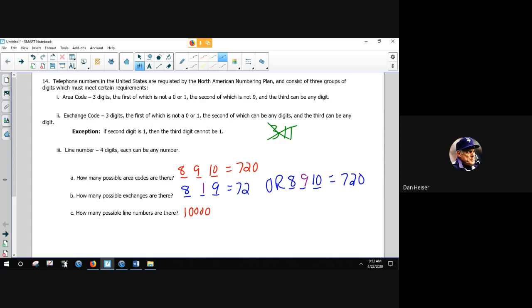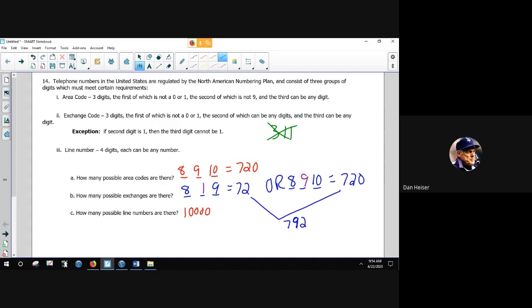Putting these together, that's going to total 792 possible exchange codes.